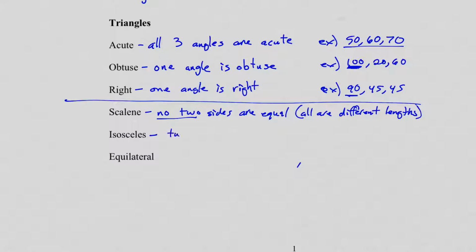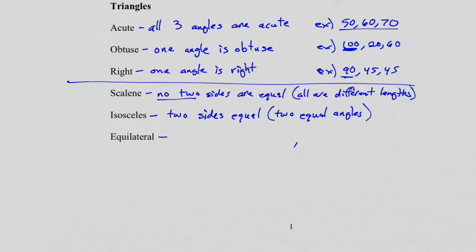Isosceles is actually having exactly two sides equal, and that also gives two equal angles as well. And then the one I already mentioned is equilateral.